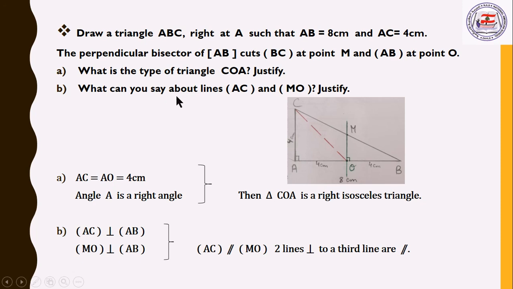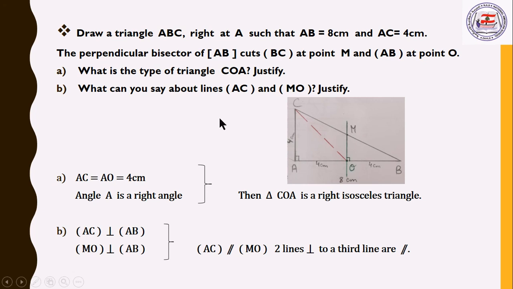What can you say about lines AC and MO? Justify. Let us see. AC is perpendicular to AB since we have a right angle here. And MO is perpendicular to AB.